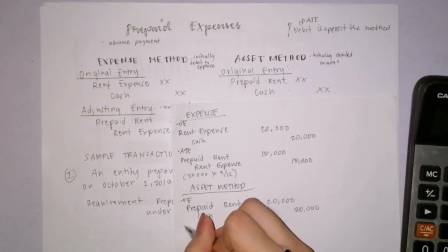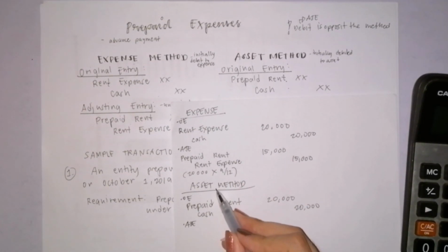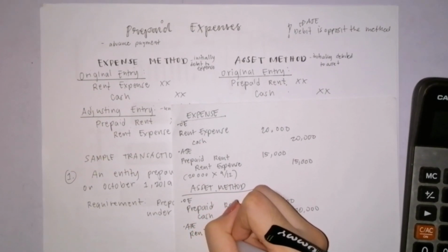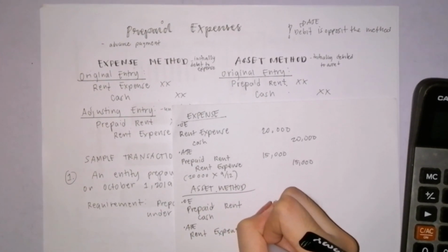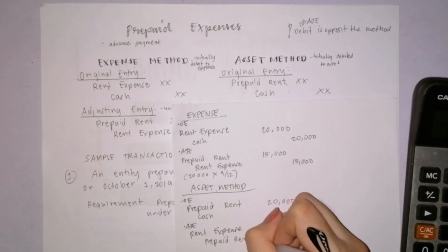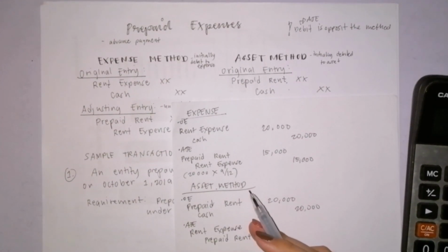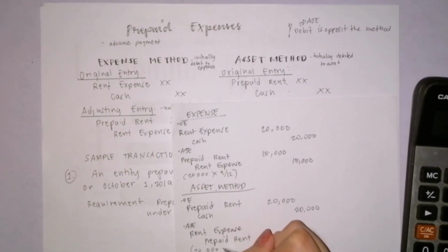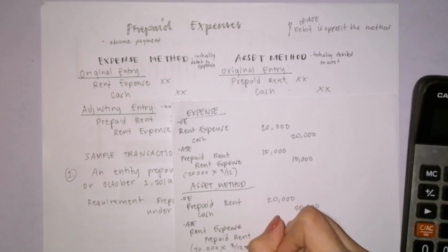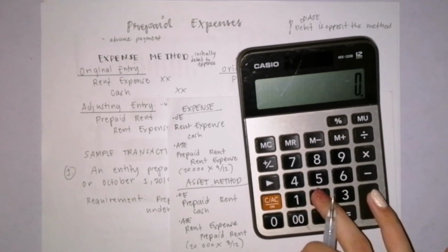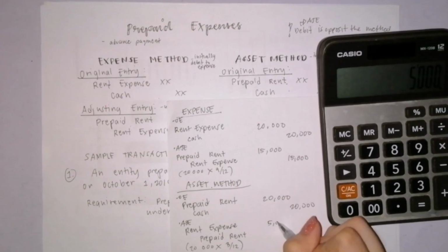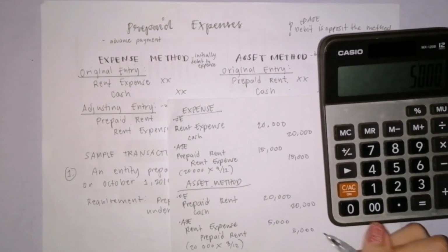The adjusting entry to be recorded at year end, since asset method tayo, the opposite would be the expense account, so we debit rent expense and we credit prepaid rent. In here, the amount to be recorded is the expired portion. Out of the 20,000, 3 months pa lang yung na-incurred. So 20,000 times 3 over 12. Let us compute for that: 20,000 times 3 divided by 12 is 5,000. So this 5,000 is the expired portion.